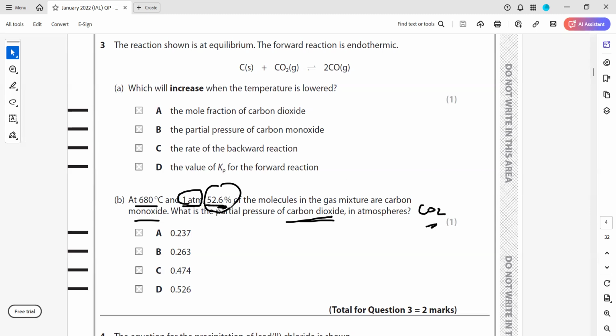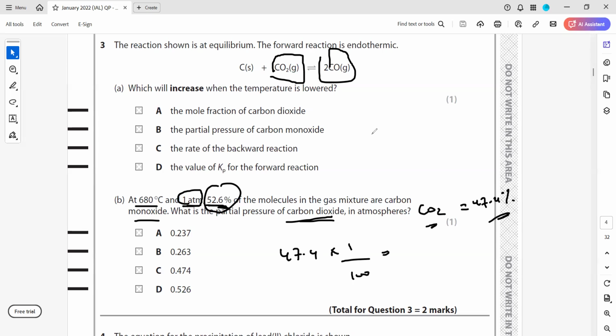Only two gases are exerting pressure, one is carbon dioxide and the other is carbon monoxide. 52.6% is because of the carbon monoxide, so the remaining percentage is due to carbon dioxide, which is 47.4%. Then we find 47.4% of 1 atm, so it will be 47.4 times 1 divided by 100.